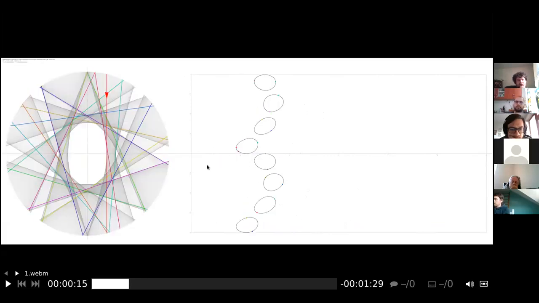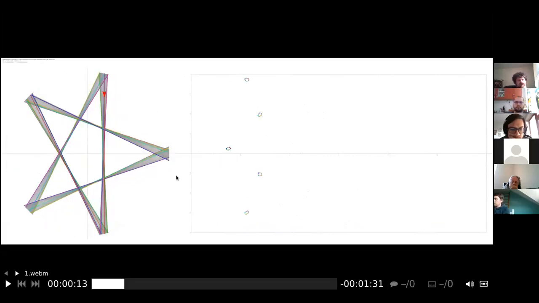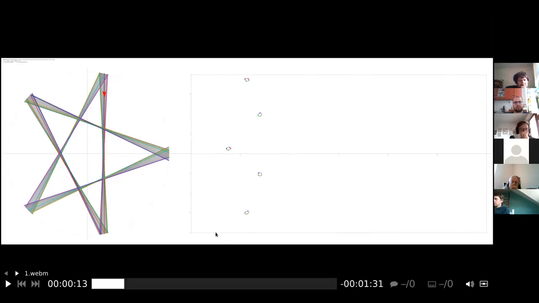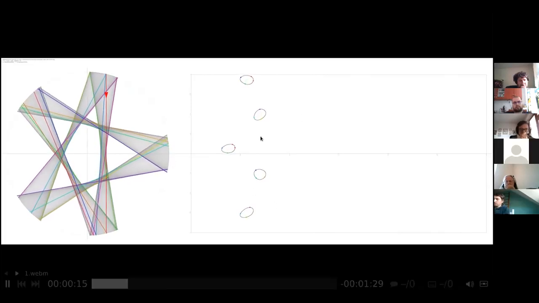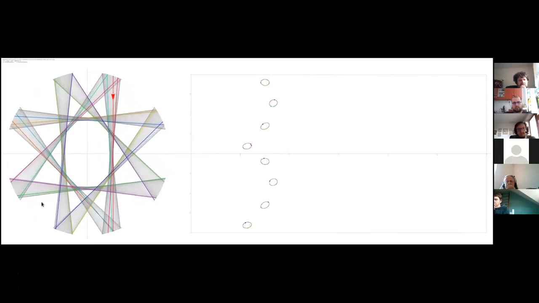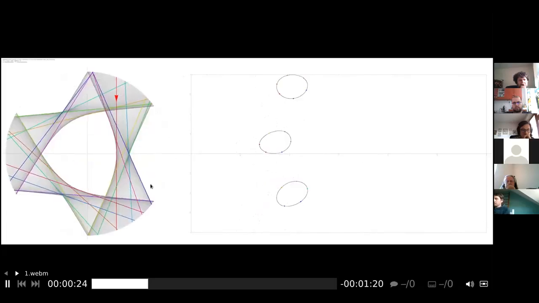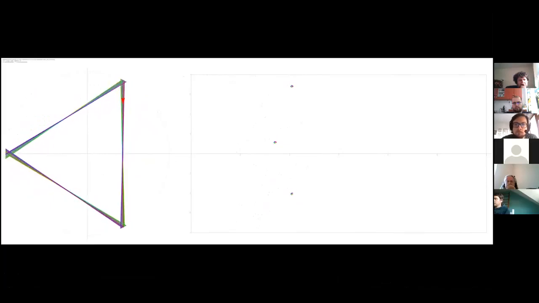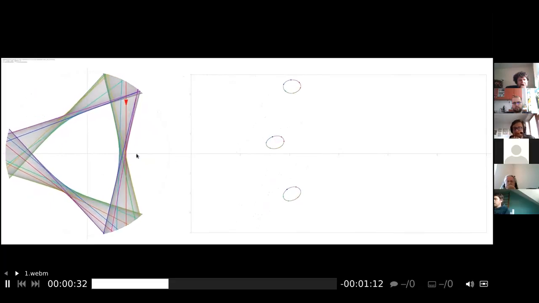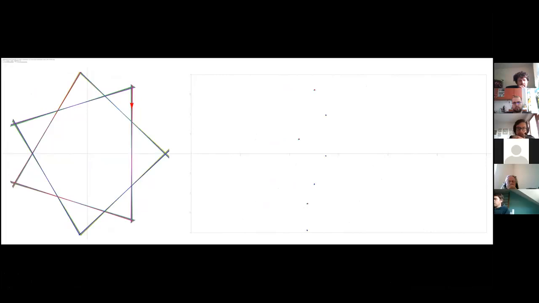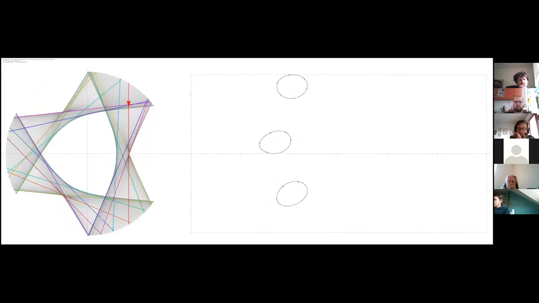As you can see, well, let's go a bit back, some quite regular thing here on the disk and a little stack of ellipses here in the plane. And those ellipses are growing and the figure on the left is just getting more blurred. And when the ellipses kind of hit one another, then actually the regular regime stops and it breaks off into some chaos, as you could see in here. Let me return.